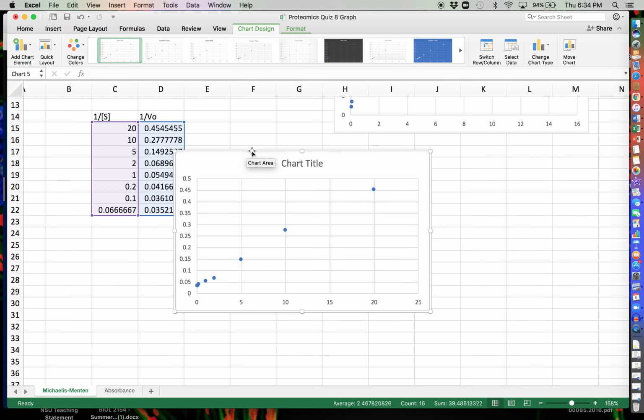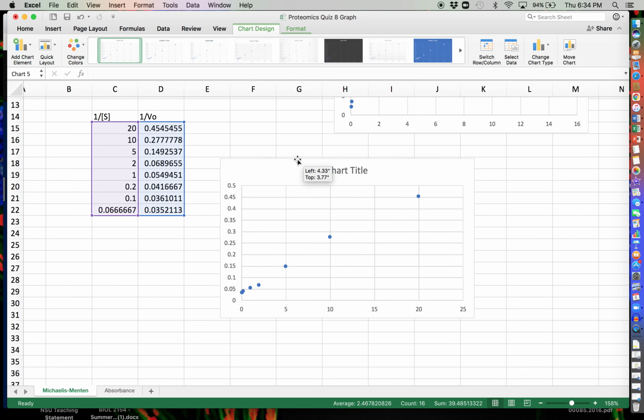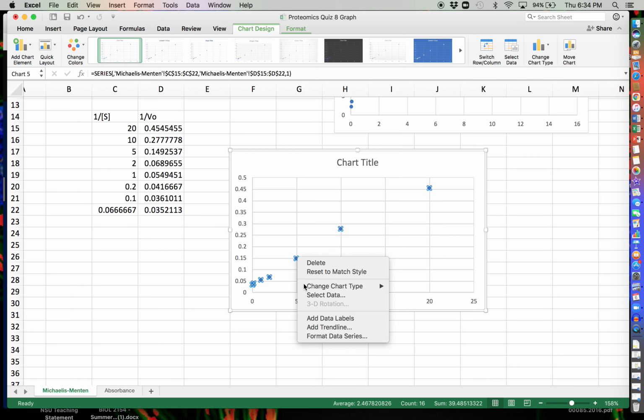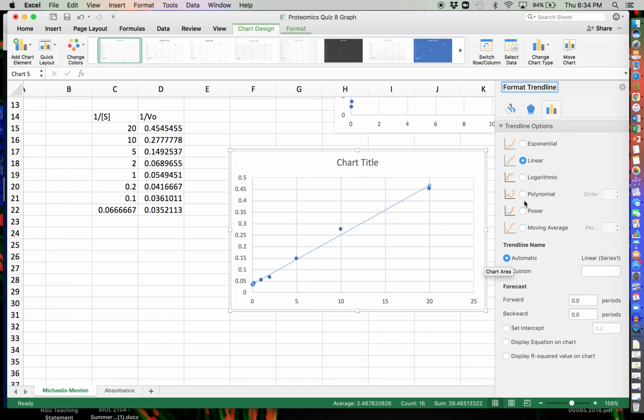The Lineweaver-Burk plot is 1 over S against 1 over V0. Now look what we get here. This is magical. Instead of having a hyperbolic plot, we get a plot that is almost perfectly linear, which is kind of a cool thing. So if we look at our R-squared value, 0.9938, pretty close to being a perfectly straight line.